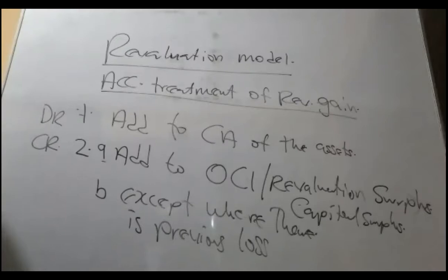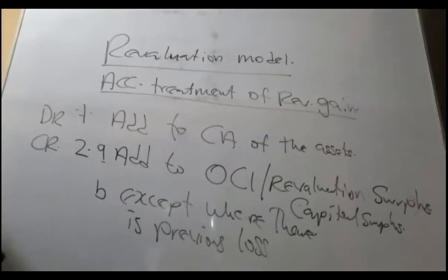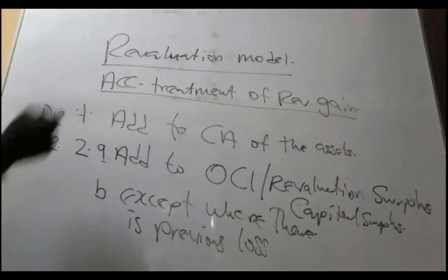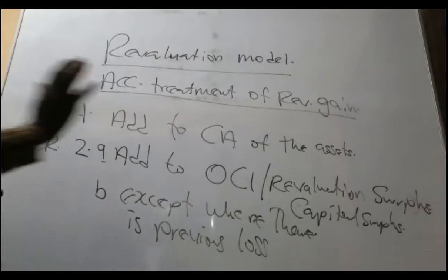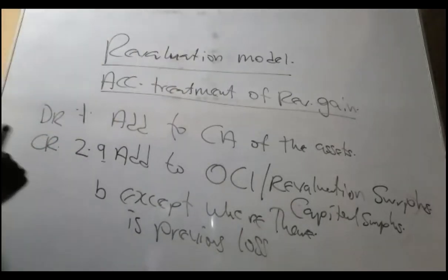So the exception applies only when you are recording the credit aspect, the gain in other comprehensive income. Good. So let's take note that the exception does not affect the assets. If there's a gain, straightforward, increase the asset, you are done.